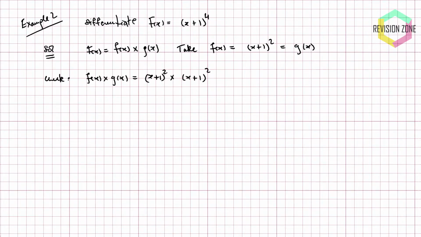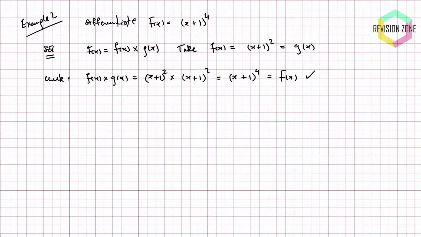Now because we have the same base, x plus 1 in both cases, when we multiply them, we can just add the powers, and we get x plus 1 to the power 4, which is our capital F of x. So our description of capital F of x is now in a sensible form.